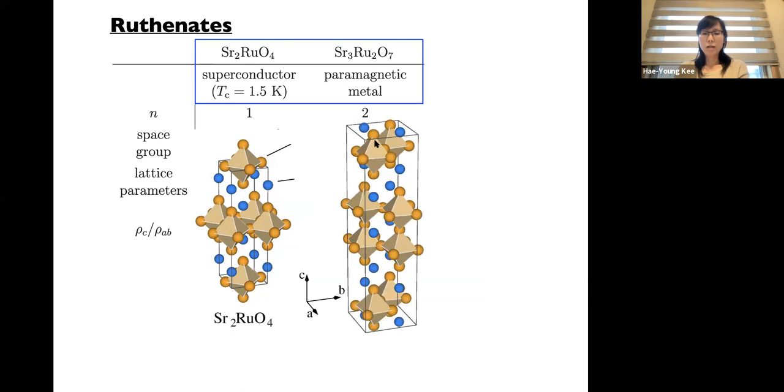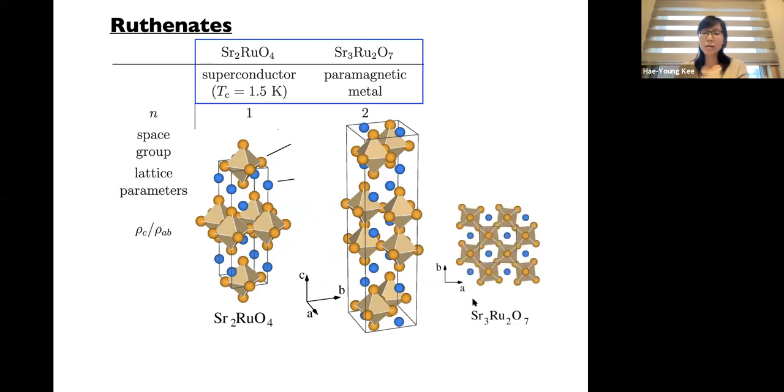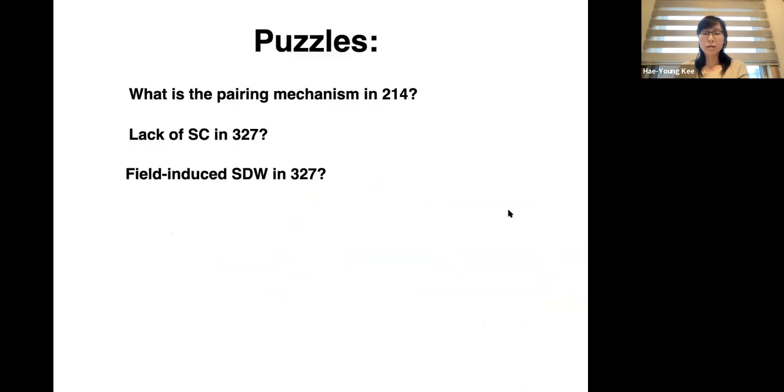And on the other hand, the bilayer comes with two of those ruthenium oxide layers. And in the ab plane, there is this octahedra rotation, meaning ruthenium to oxygen to ruthenium is not a straight 180 degrees, but rotated. Okay, so those are the two differences between the layered ruthenates.